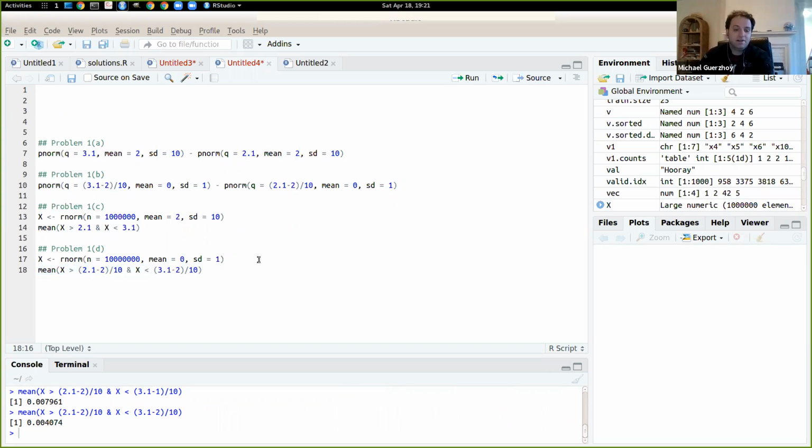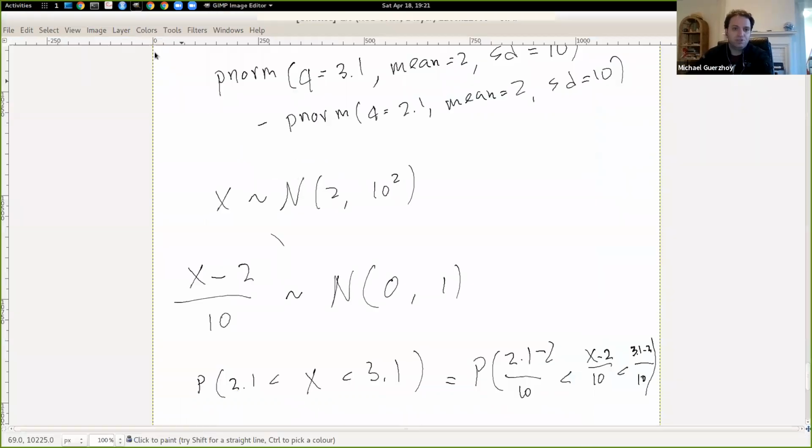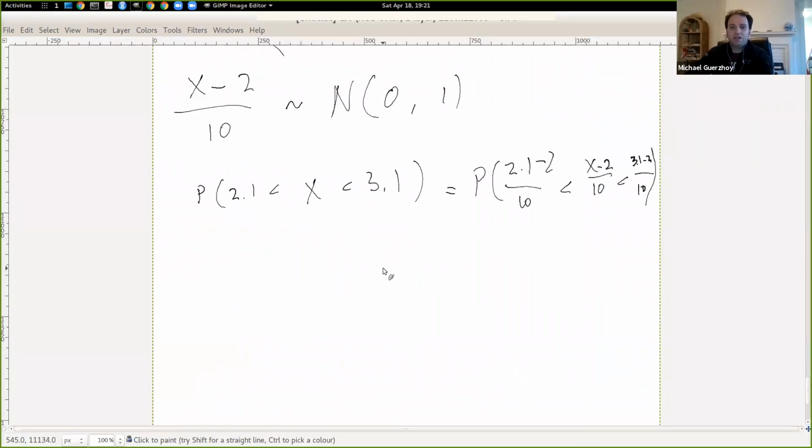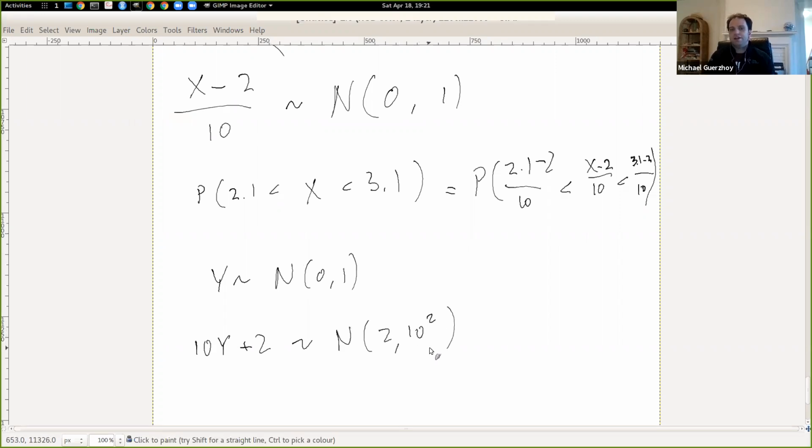Okay, so the trick that we can use is the reverse trick from here. So we can say, if y is N(0,1), then 10y plus 2 is N(2, 10 squared). So we can do the y, and then this is the same as our x's, right?